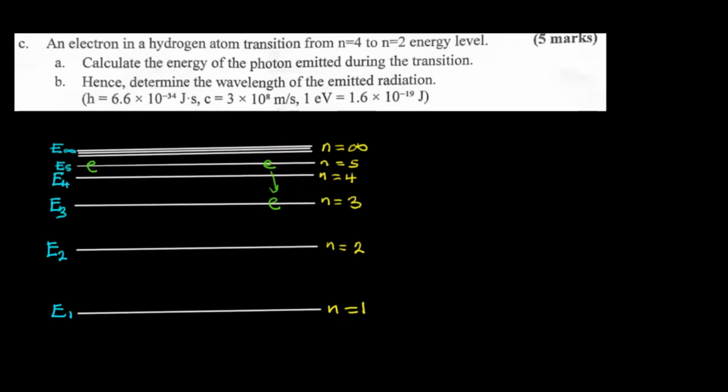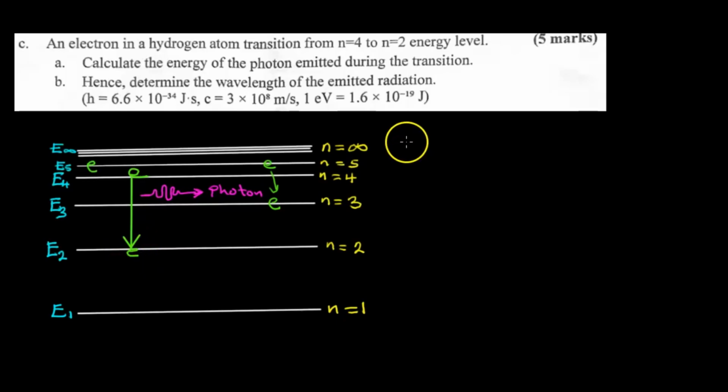So this question says that the electron transitions from n equals 4 to n equals 2. This means that we are going to have a photon released in the form of energy loss when the electron transitions from n equals 4 to n equals 2.